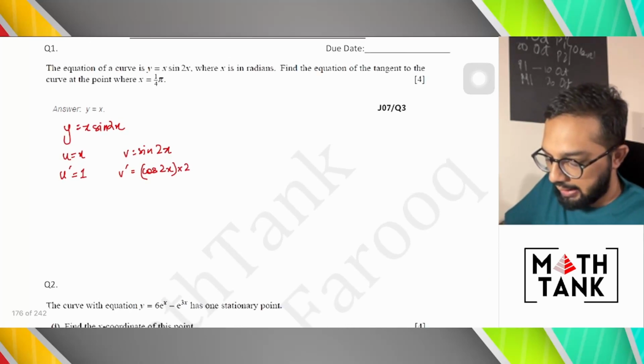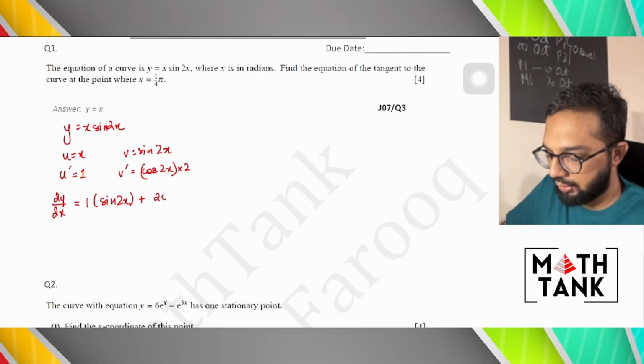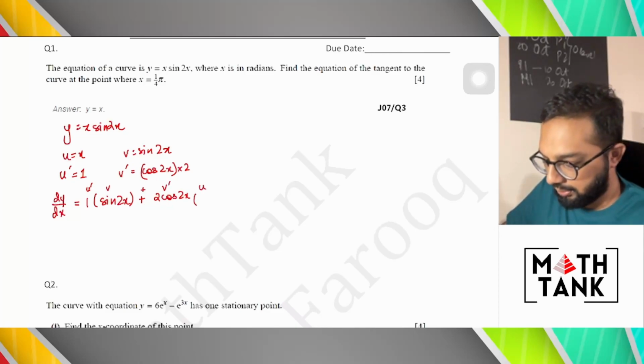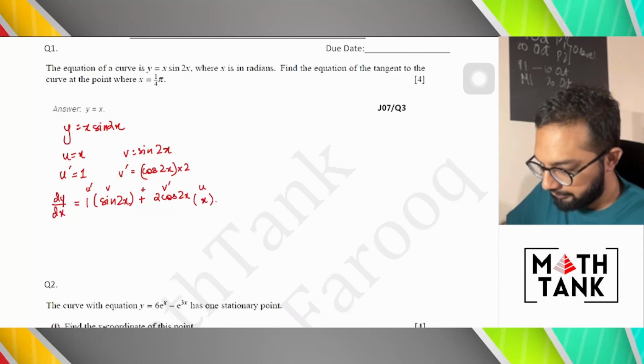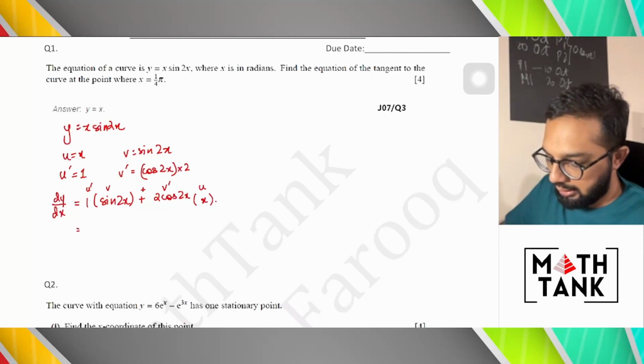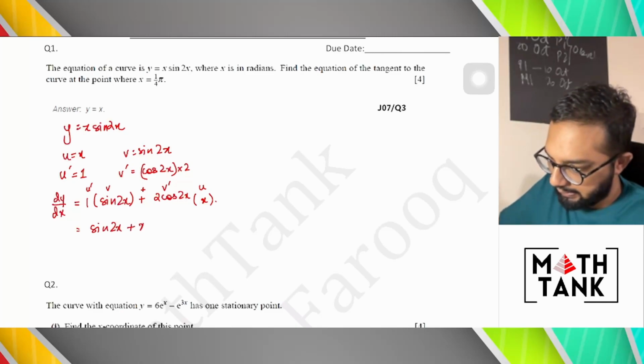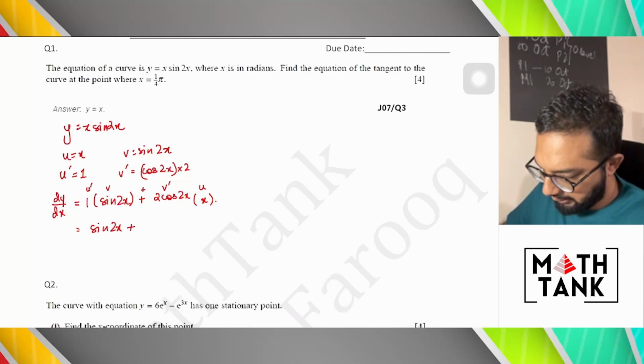Then you write dy by dx as u dash v plus v dash u. And what I end up getting is sin 2x plus 2x cos 2x.